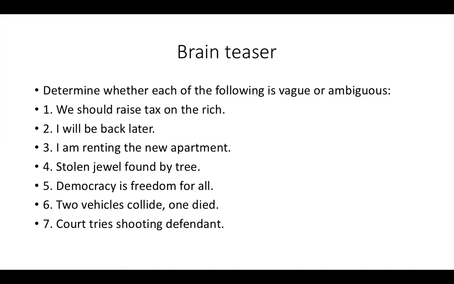Democracy is freedom for all is vague. For all, for which all? 2 vehicles collide, 1 died. It's ambiguous. Is it 1 vehicle that died or 1 person? Court tries shooting defendant. It's ambiguous.